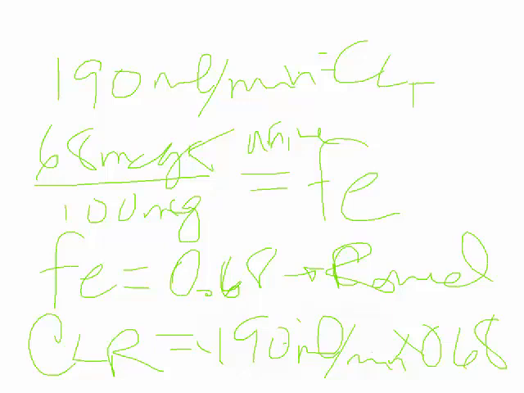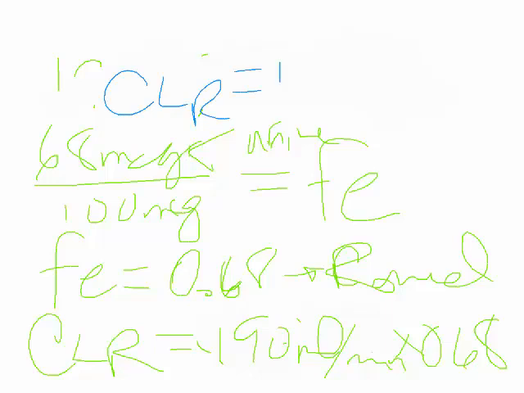Okay, this I do need a calculator for. 190 times 0.68 is 129. Clearance renal is going to be 129.2 mils per minute.